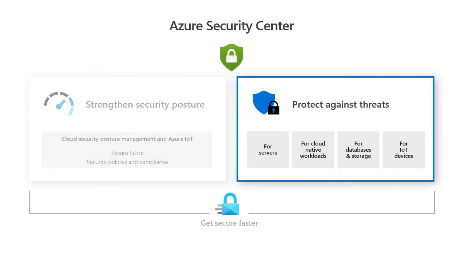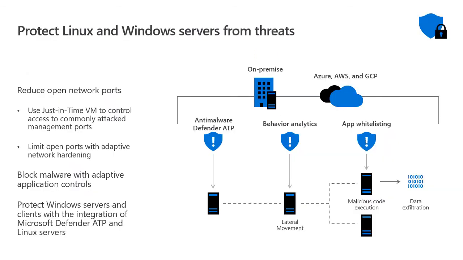The second thing that Azure Security Center does is that it helps you protect against threats, whether it's cloud native workloads, servers, databases, or IoT. It can give you recommendations on how to protect Linux and Windows servers from threats. So for example, it doesn't actually matter whether your Linux or Windows server workloads run on Azure or even on AWS or in GCP.